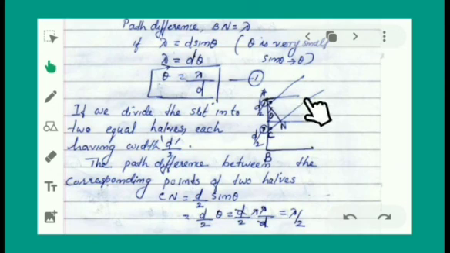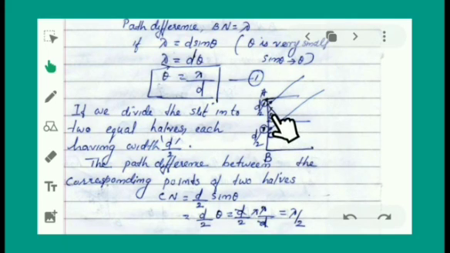These wavelets interfere with each other. Then what is the path difference between the wavelets from the corresponding points of the first half AC and the second half CB? That is Cn, that is d by 2 sin theta, that is d by 2 into theta, that is d by 2 into lambda by d, that is lambda by 2.